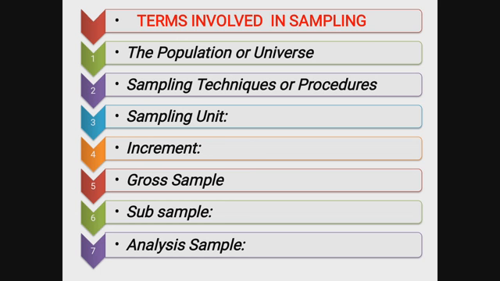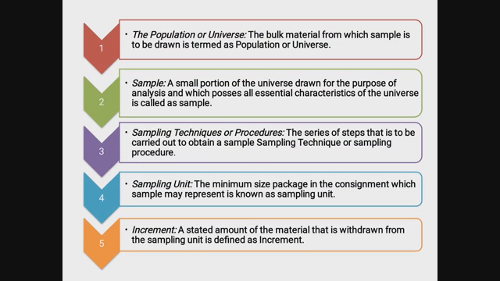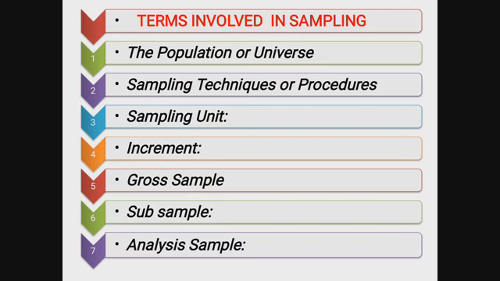In this we learned what a sample is, what sampling is, and the procedure, along with some terms: population or universe, sampling techniques or procedure, sampling unit, increment, gross sample, subsample, and analysis sample. We also saw the theory of sampling.